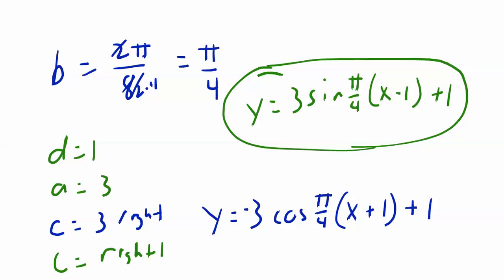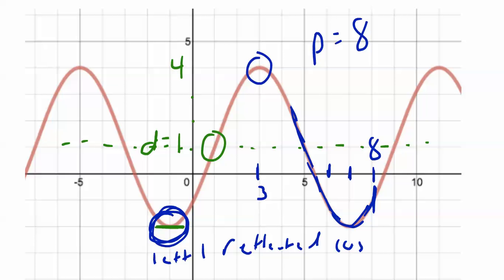So that equation actually is also going to make that graph. It flips it, so I'm starting at a minimum versus a maximum, and then the minimum was to the left one. If I do the same idea with a sine, I want the midline, but the graph actually goes down. So if the graph goes down, then it's a reflected sine. And at this point, it looks like it's 3 to the left.